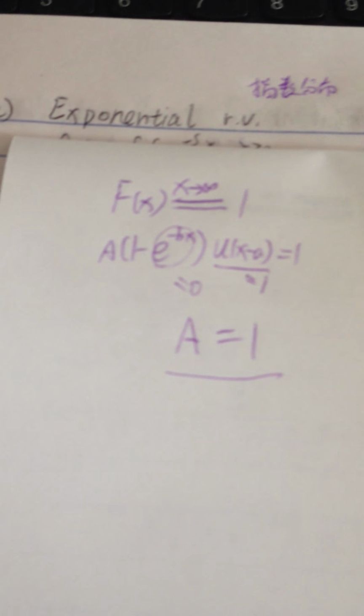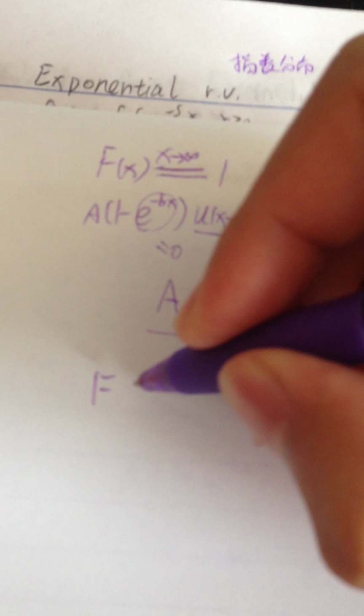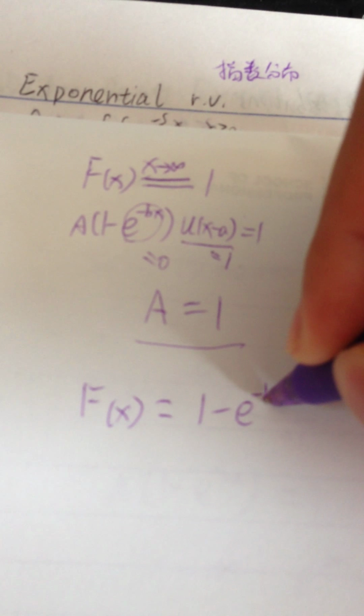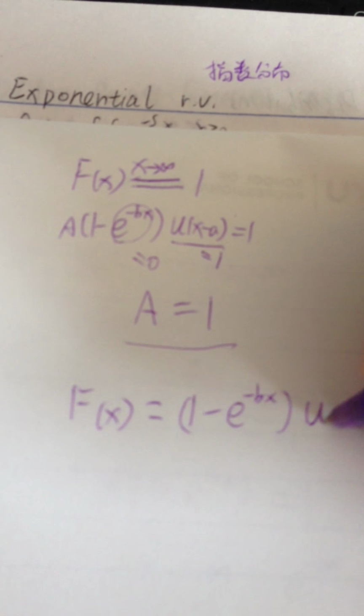And the first part requests us to draw f of x. We now know that a equals 1, so f of x equals a minus e to the minus b multiplied by x, times u.